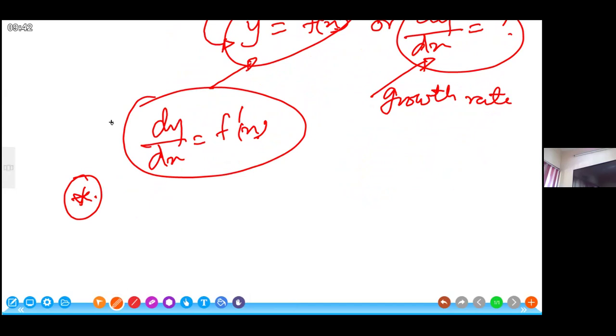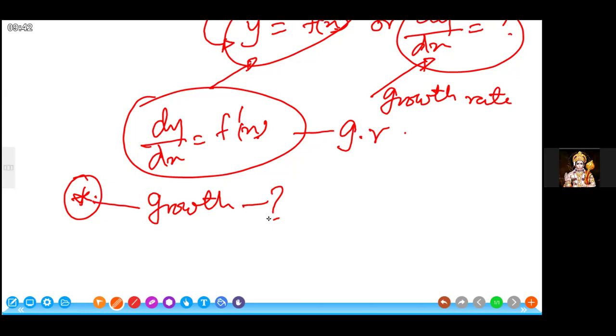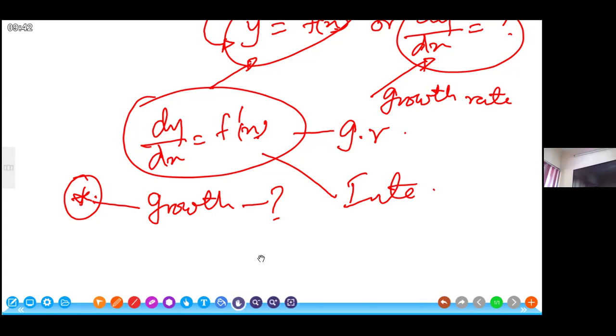So if I ask you to find the growth function, and this is the growth rate function, what will you do? Integrate this function dy over dx. Yes, you integrate this function, find out the function.